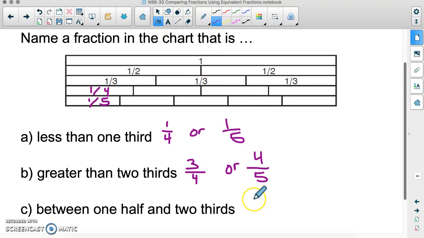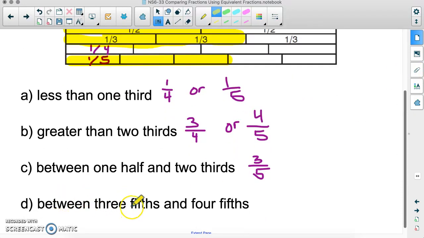The answer to that is 3/5. So we have 1/2. Let me highlight this to show you. 1/2 would be here, and then 2/3 would be here. So what falls in between this range? Well, 3/5 would be here, and it falls right in the edge of those two.